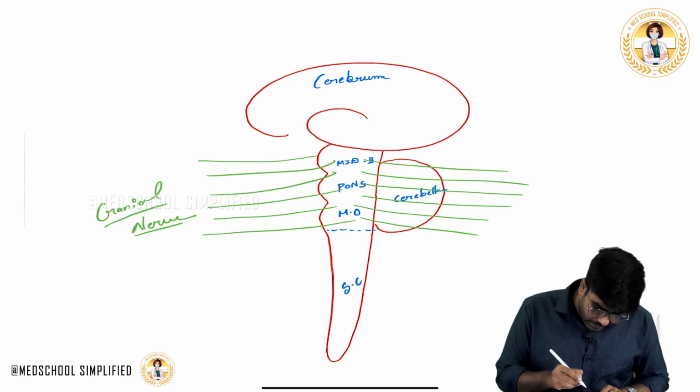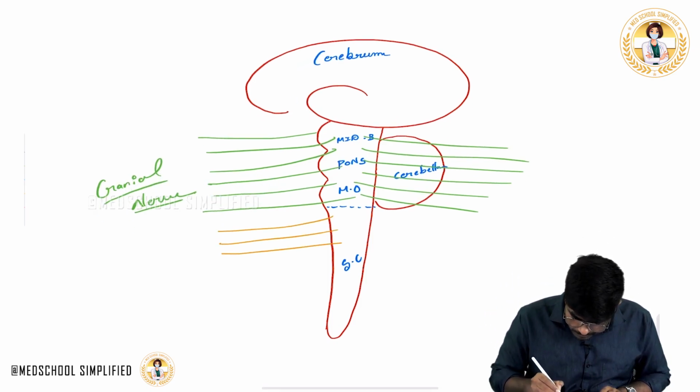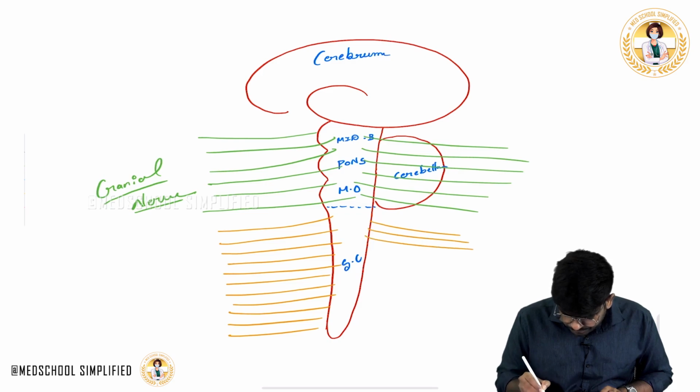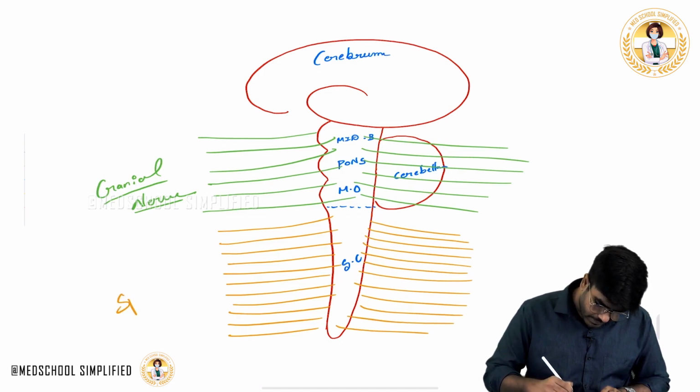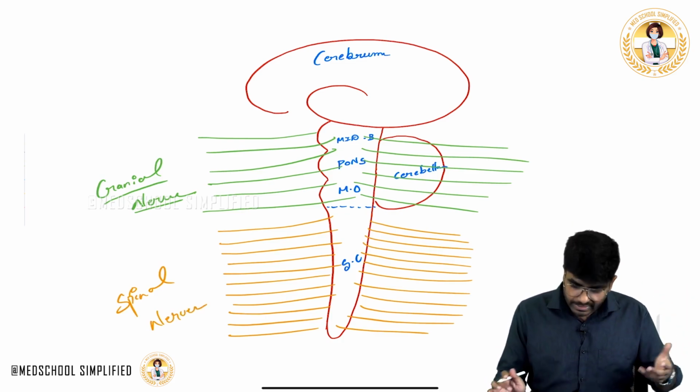Now, there are certain nerves which are coming out of the spinal cord. These nerves are called as spinal nerves. There are 12 pairs of cranial nerves and 31 pairs of spinal nerves are there.